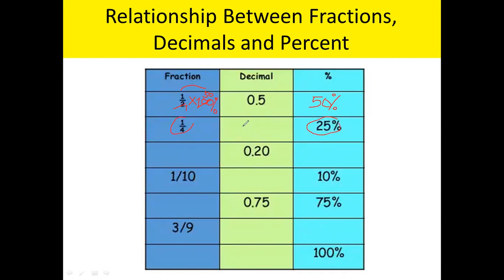What is the decimal? 0.25. All right. Okay.